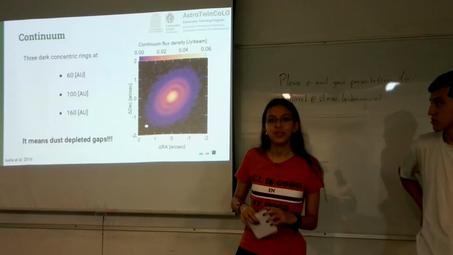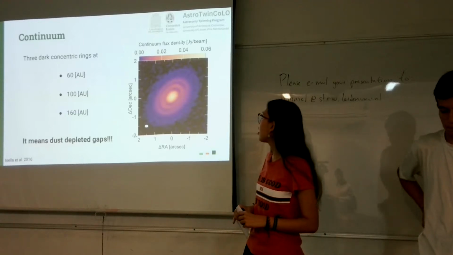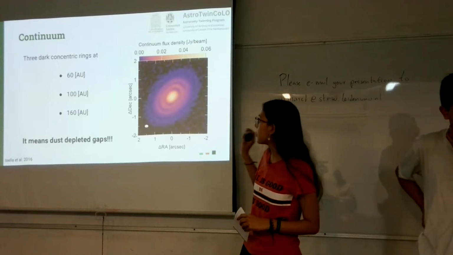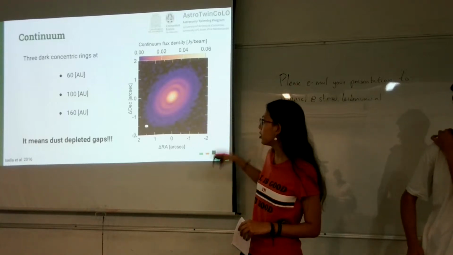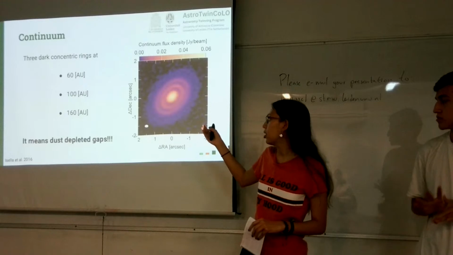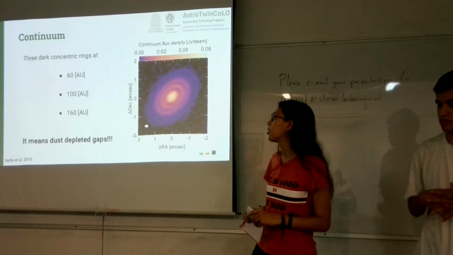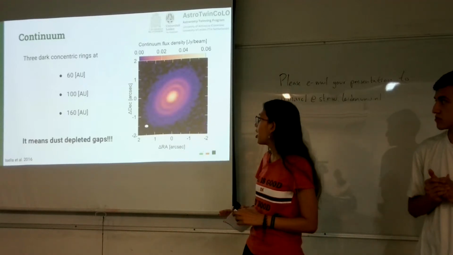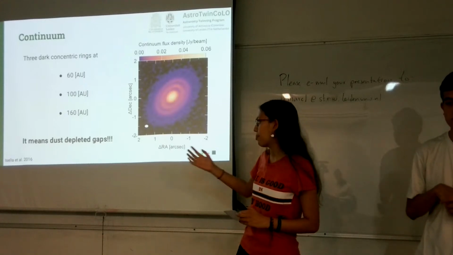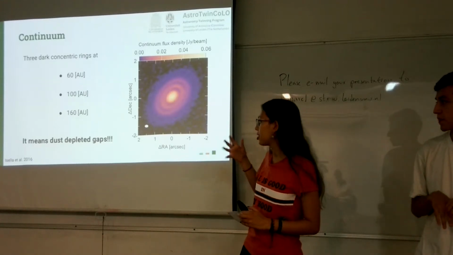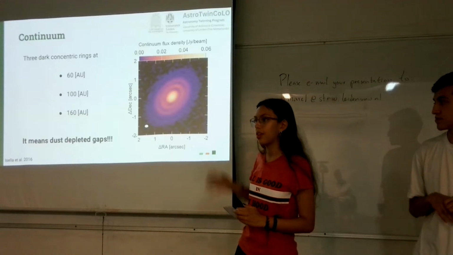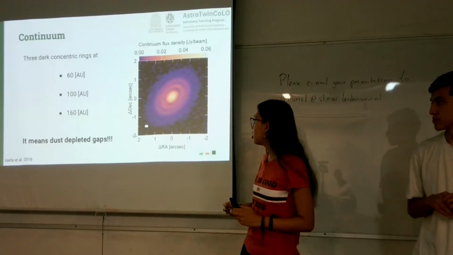It's a really beautiful image. And they found 3 dark concentric rings at 60, 100, and 160 astronomical units. And the rings mean that there is dust, but less gas on the disk.